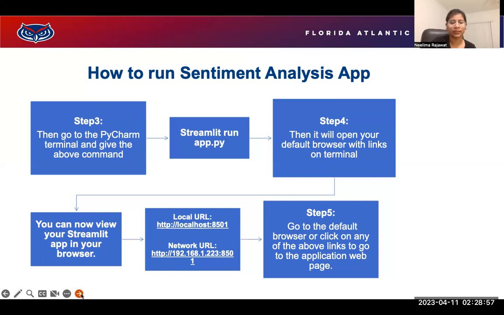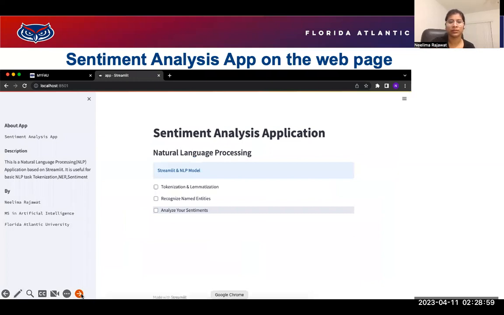So after that, this is the view of my application. Here I have written about the app and a description of the app, and who developed it: Nilima Rajavar, Sentiment Analysis Application, natural language processing, using Streamlit and NLP. Then I have given checkboxes. If you select the first option, it can do tokenization and lemmatization.